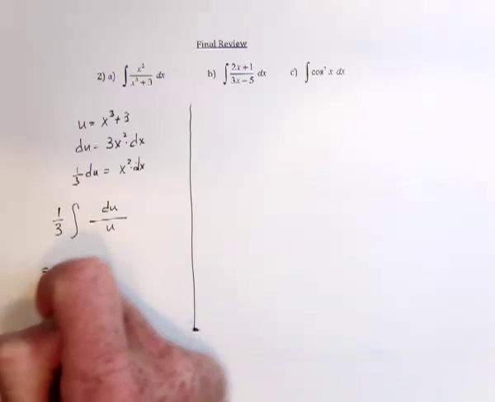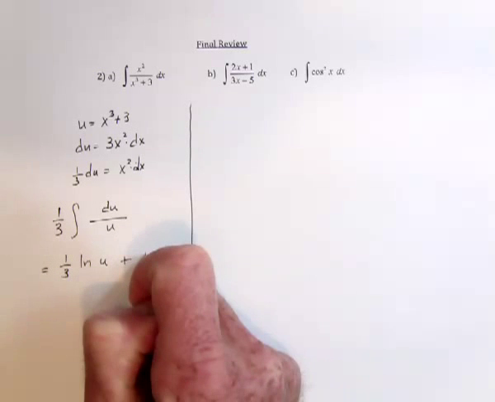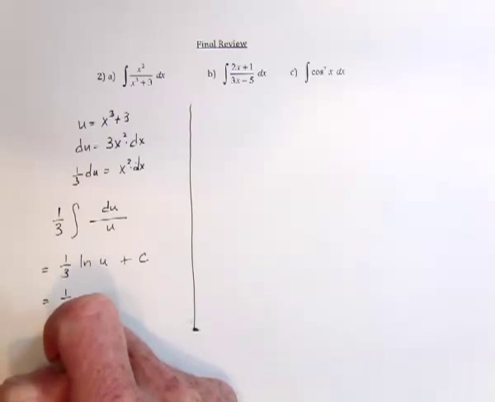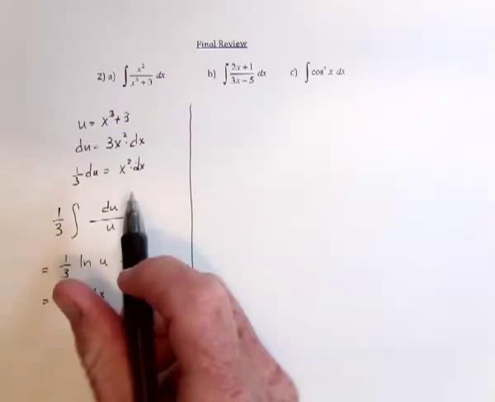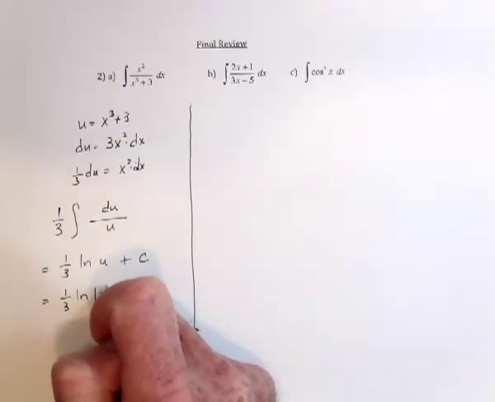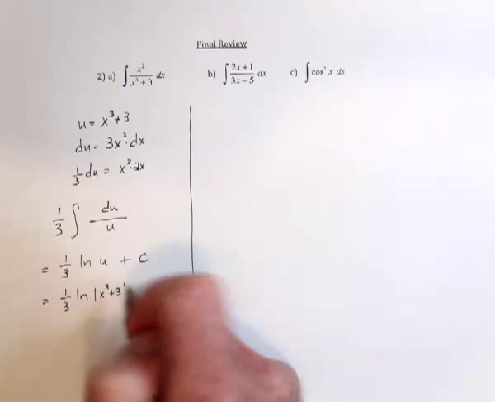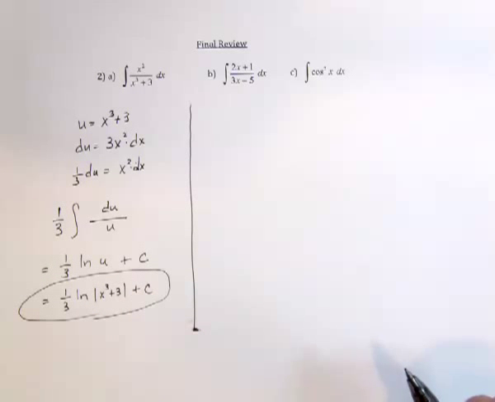So the antiderivative is going to be 1/3 the natural log of u plus a constant of integration. The last thing to do is replace the u with what it's equal to, which is that x to the 3 plus 3. And technically that's supposed to be an absolute value so that you don't take natural log of a negative number. And there we go.